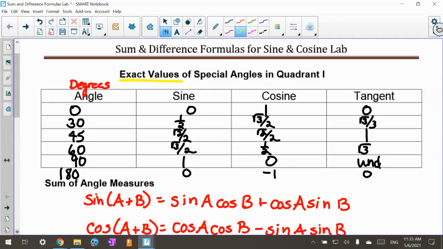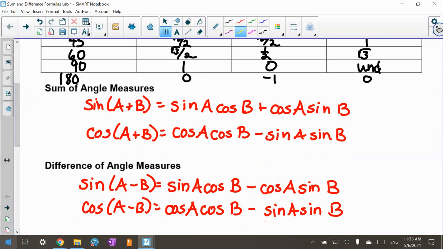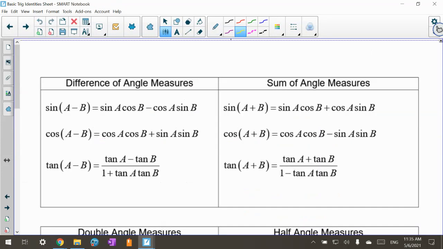Then underneath it, I actually put the sum of angle measures and the difference of angle measures here. And again, you can stop the video to copy this down, but where it came from, if I look back here, this is on the back of your yellow sheet that I have. What I'm having you do is the difference of angle measures of the sine and cosine, and the sum of the angle measures. So that's where these four came from.